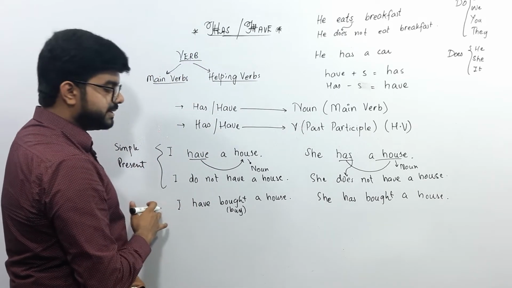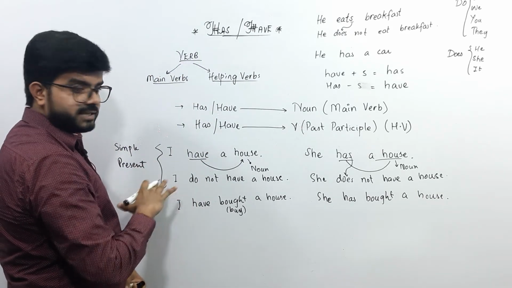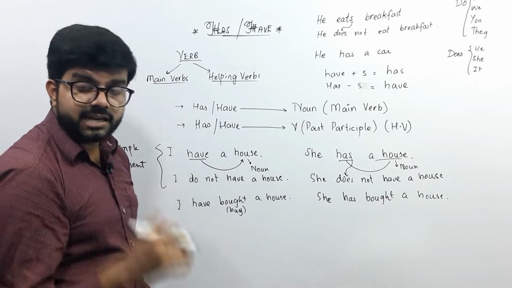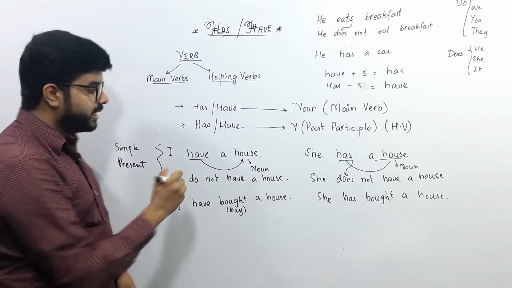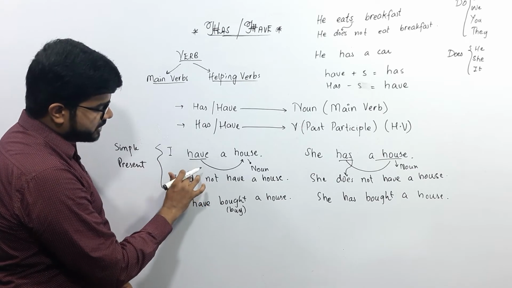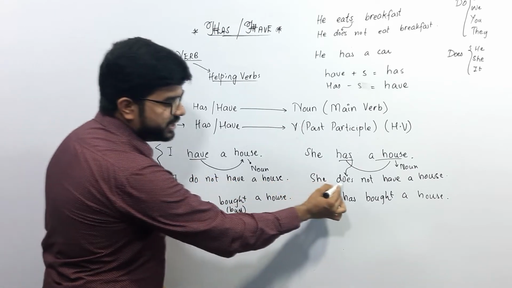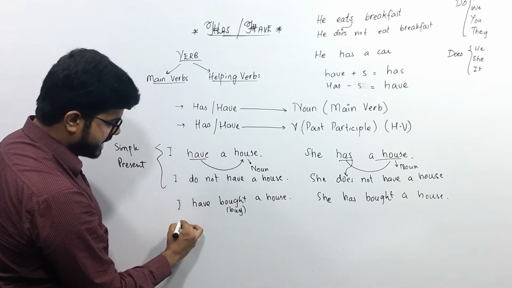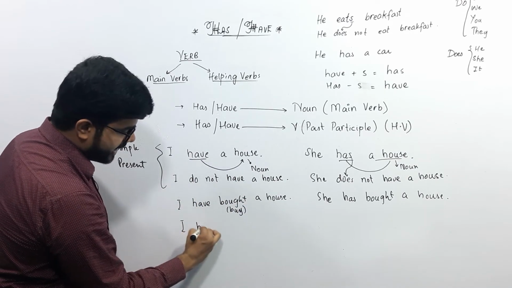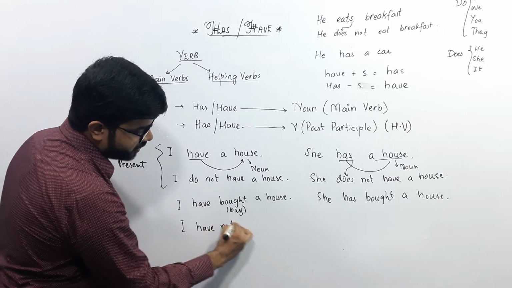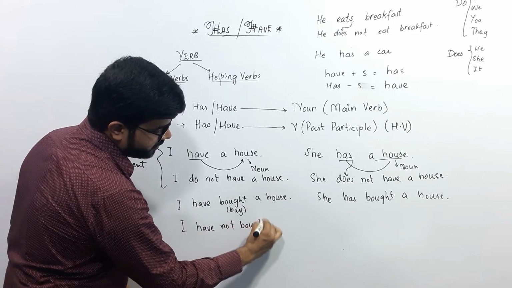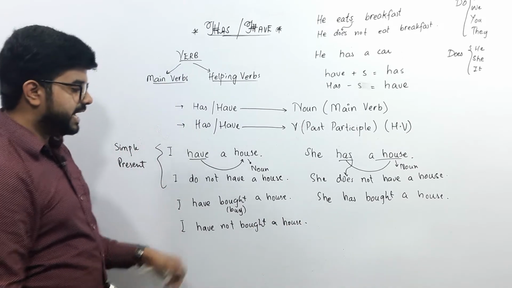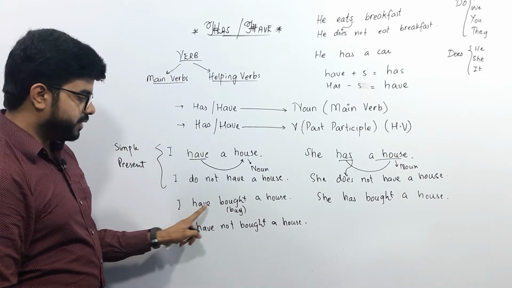All right, now you see in positive sentences, it is not confusing to understand, but whenever we make negative of these sentences, it becomes confusing. Why? As you saw that over here, I've used the helping verbs as do and does, right? What's going to happen in their negative forms? Let's see. I have bought a house. I have not bought a house. All right, now you see I use a past participle form of a verb after have.